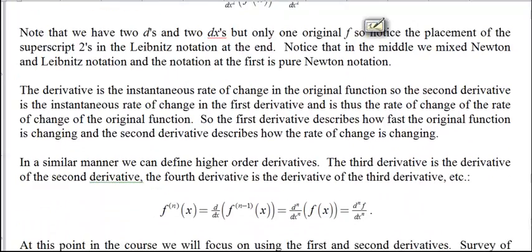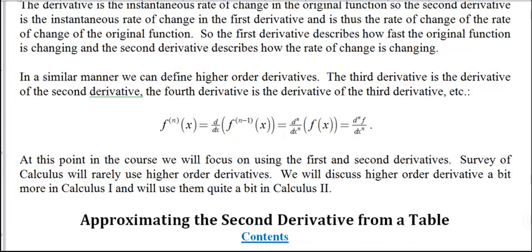In a similar manner we can define higher derivatives: third, fourth, fifth, sixth, seventh derivatives. We'll use the Newton notation f with superscript n in parentheses. That's the nth derivative of f. And of course, recursively we can define that as the derivative of the n minus 1 derivative.